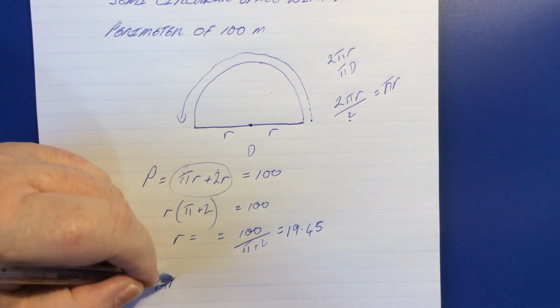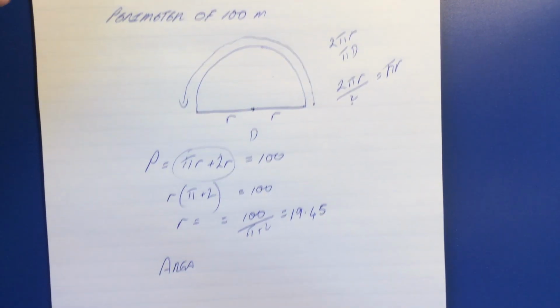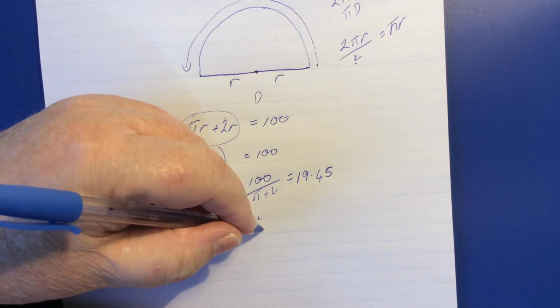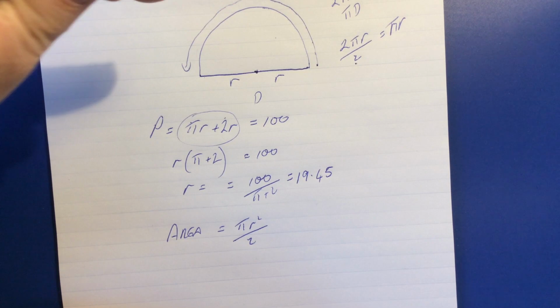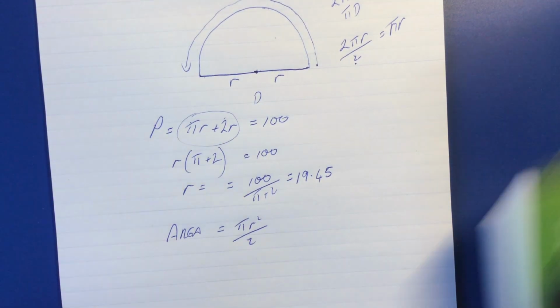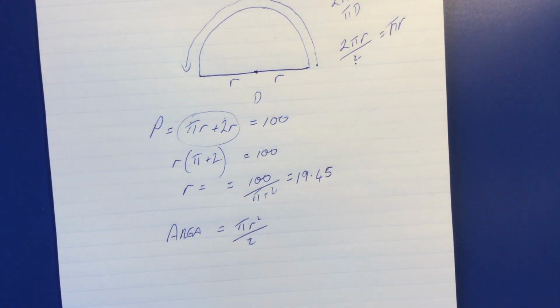The area, which is what we were tasked with finding, is equal to pi times r squared over 2 because we have half of a circle. Rightio, so let's go to work. We're going to use 19.45 as a measure of the radius.